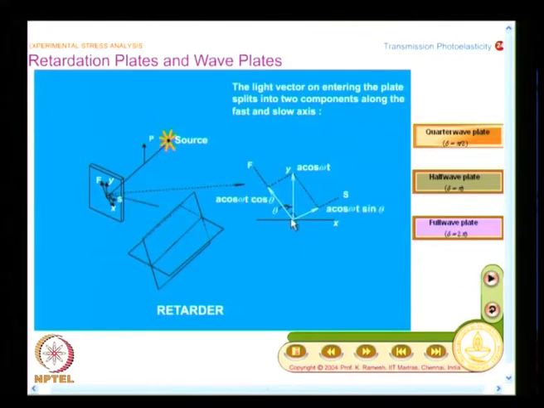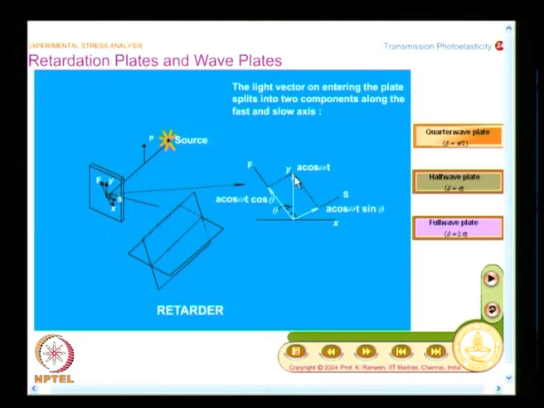Is the idea clear? I send a vibration A cos omega t, this will become two rays within the model, within the crystal plate, and depending on the orientation, one of these amplitudes is longer, another amplitude is smaller. So, amplitude is split, and the planes of vibration are in this direction and in this direction, and they are perpendicular.